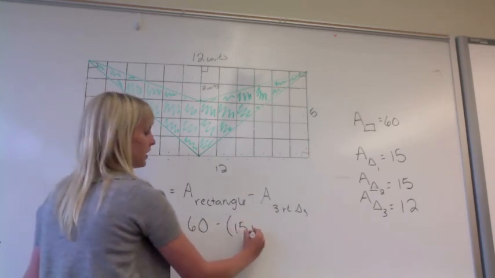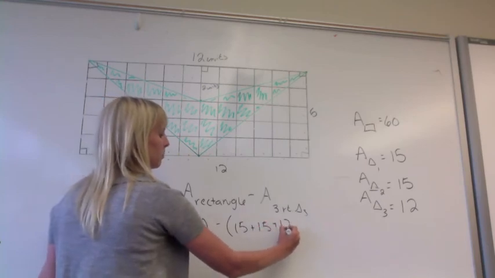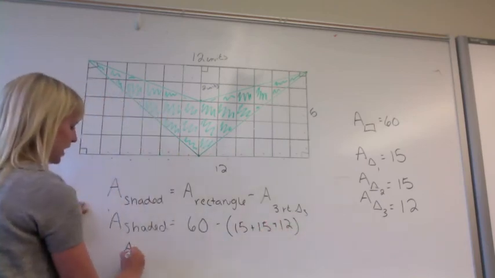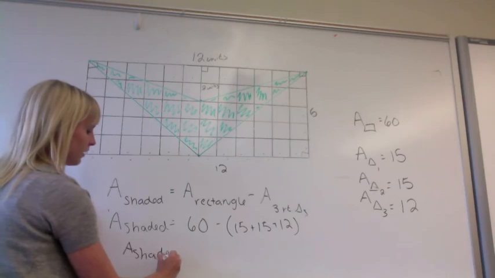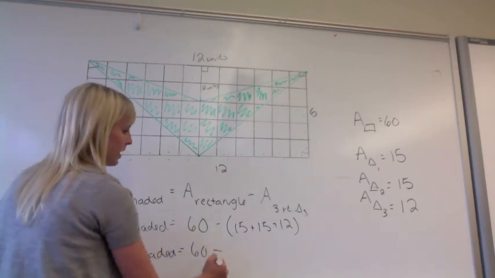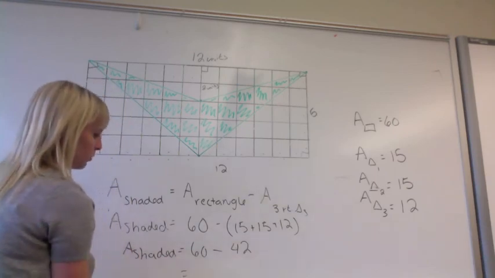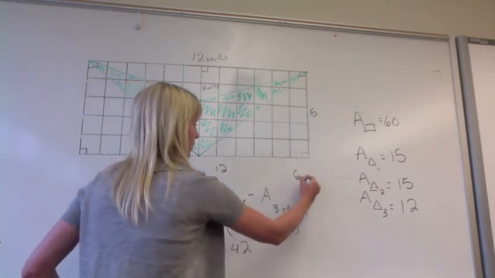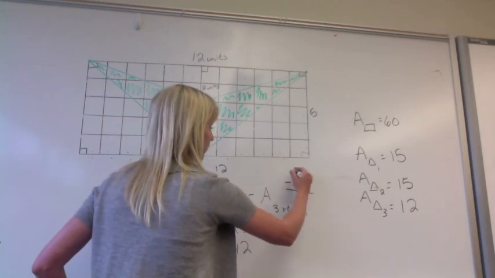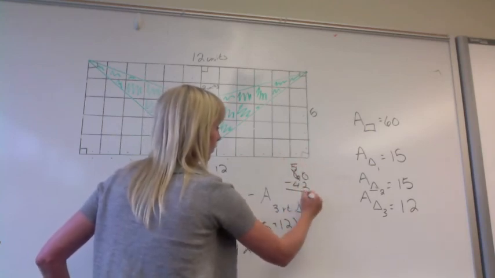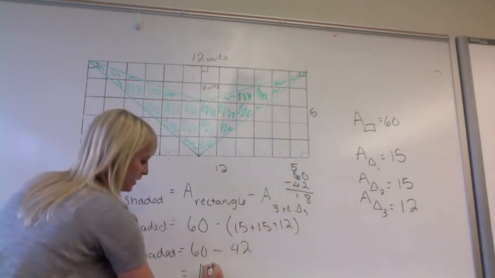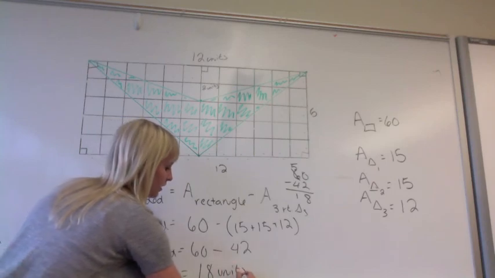So minus 15 plus 15 plus 12. So the area of the shaded region has to equal 60 minus 42, which equals, let's see, 18. So 18 units squared.